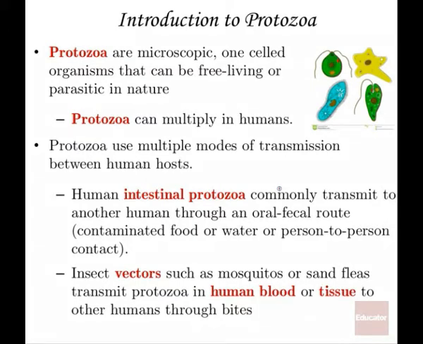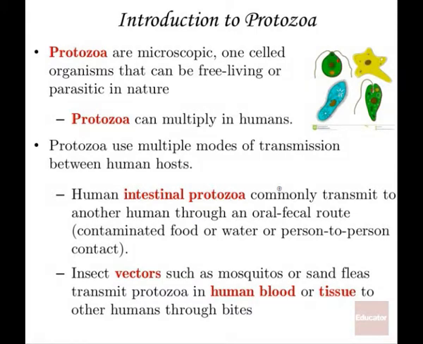So in other words, we can transmit the protozoa to another organism, like for instance a mosquito or other insects, and then to the human host. Or we can transmit between human hosts through the spore stages and even directly.